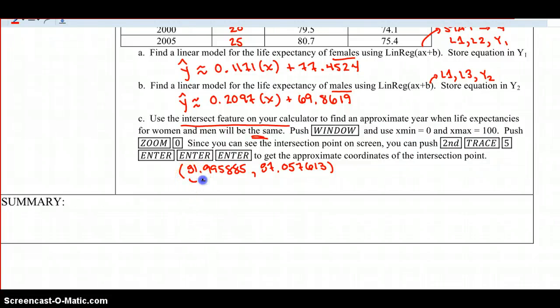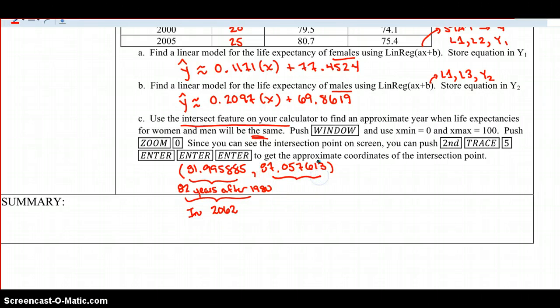So if we round this off, so again, our input was years since 1980. So if we round this to the nearest whole number, this is about 82 years after 1980. Or we don't typically speak that way, so if we take 1980 and add on 82 years, we get the year 2062.